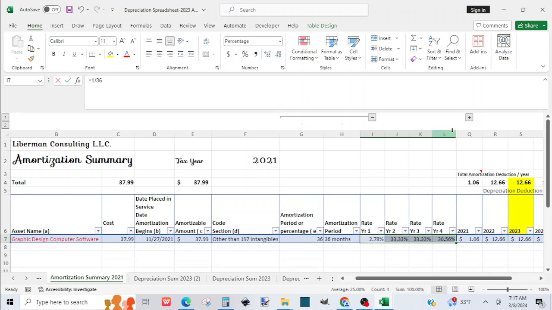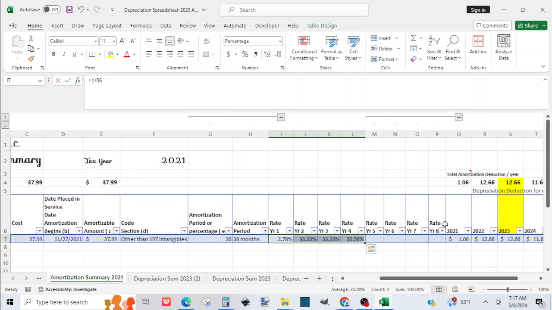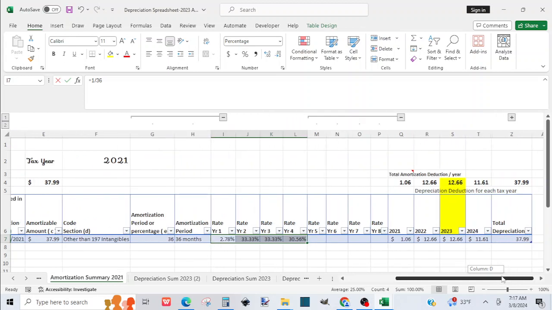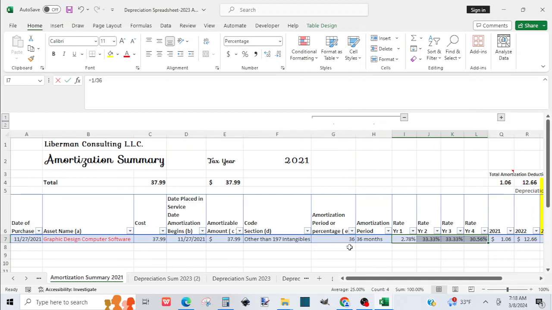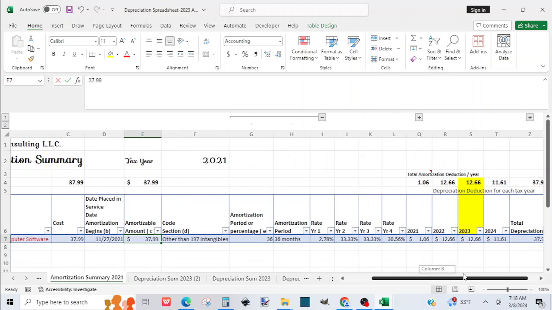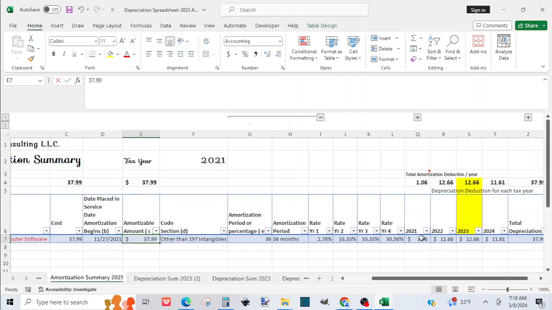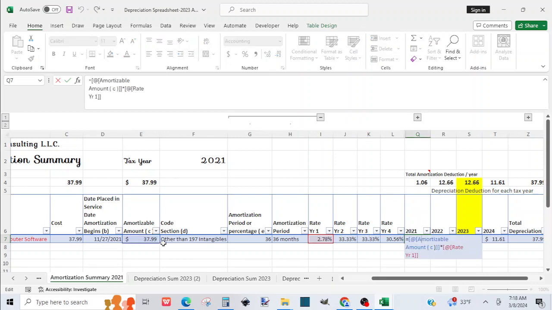I did this up to 8 columns here, but you can add more columns as well. The way it's going to calculate the deduction for you is to take the amortizable amount times the first year rate, and the same amortizable amount times the second year rate to find the second year amortization deduction. So if I click on the first year, it's taking the first year rate times that amount.